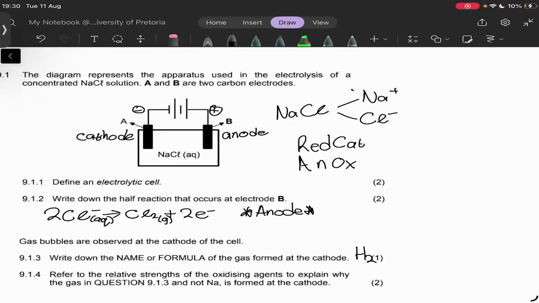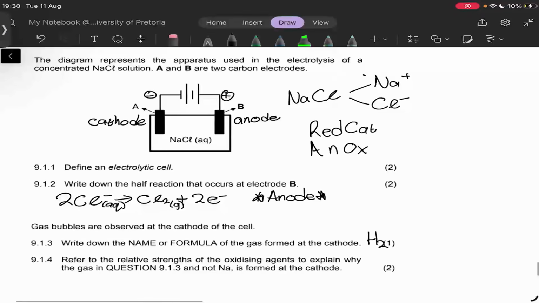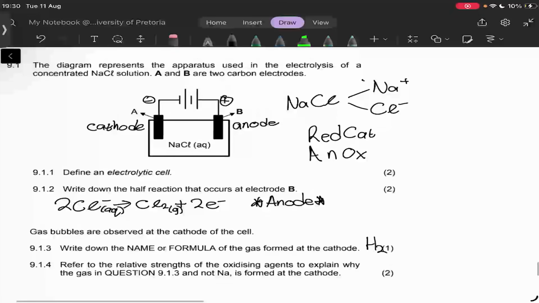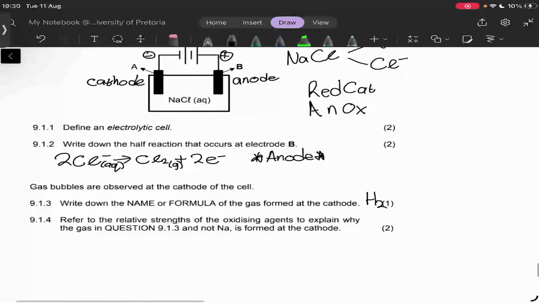So remember, we are told that this happens in an aqueous solution, right? This AQ tells us aqueous solution. So there is water present. Okay. And now with water present, we also have to consider the relative oxidizing agent strengths of what's going on. So let's do the following.